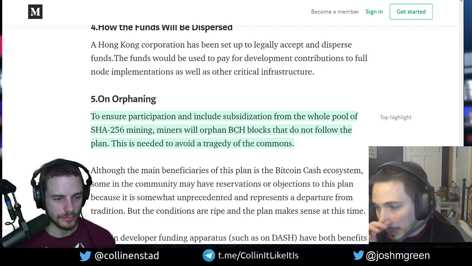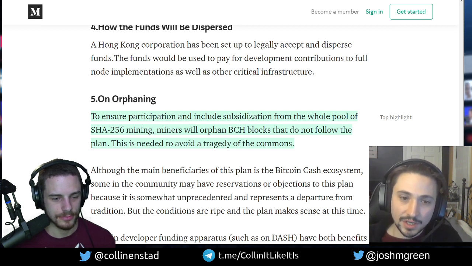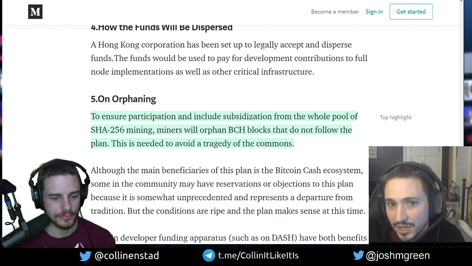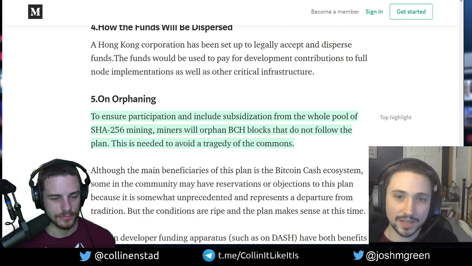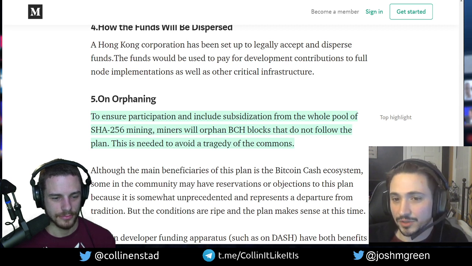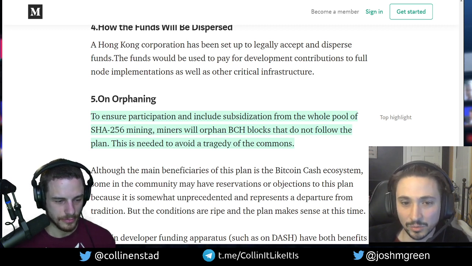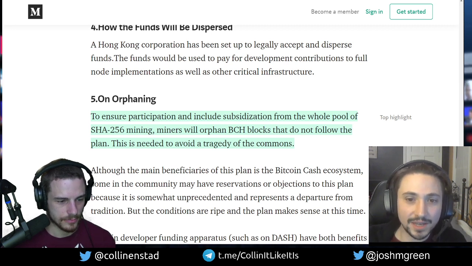So choosing to orphan things based on some rule that doesn't really exist, is that a node change or is it not? It doesn't have to be, and that's actually what Amaury's article says. In theory, at a bare minimum, even if none of the nodes were to cooperate, they would still be able to do this. This is kind of like the miners choosing which fork to mine off of. They always have that ability.